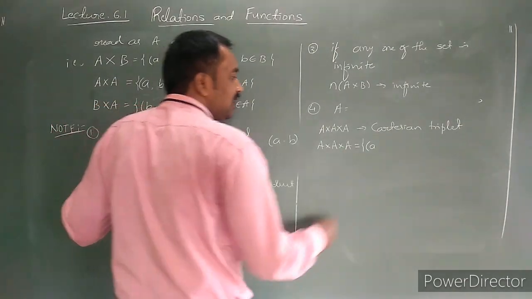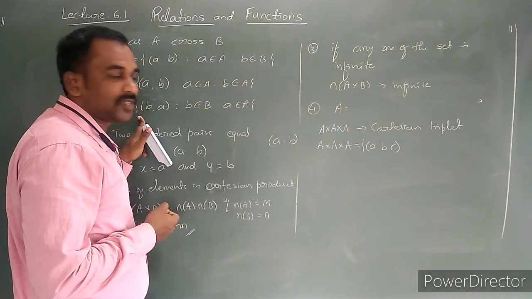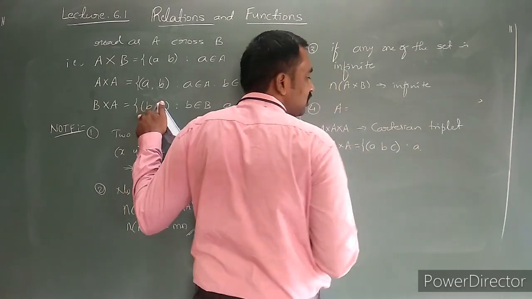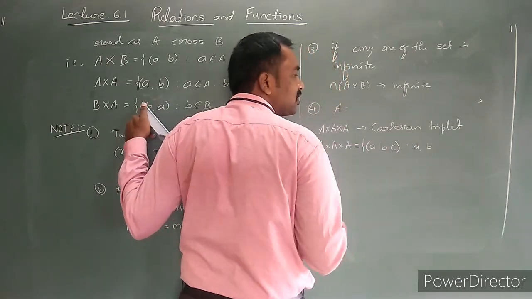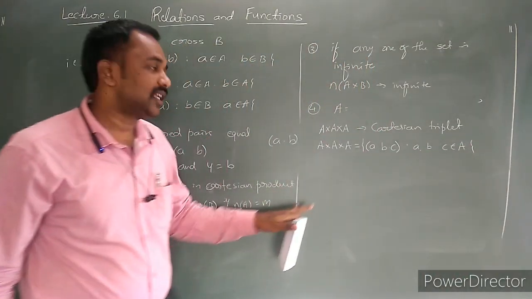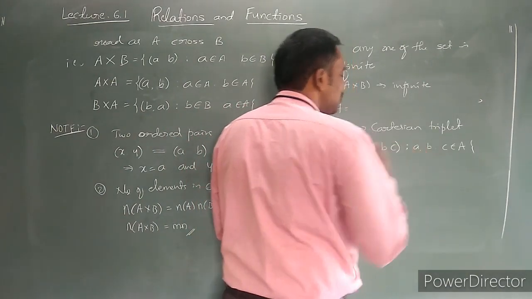Here three sets are there, so three numbers are arranged in a specific order. a comma b comma c, where a belongs to the set A, b belongs to the set A, and c also belongs to the set A. This is the set builder form of the Cartesian triplet.